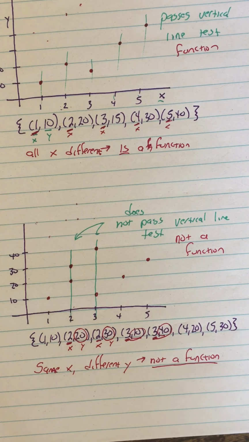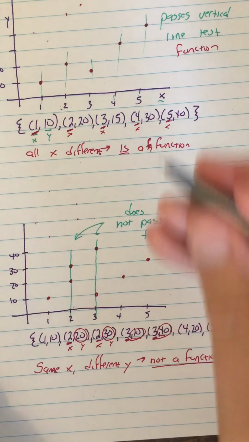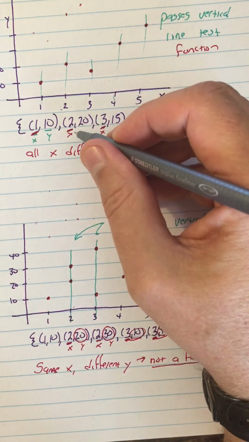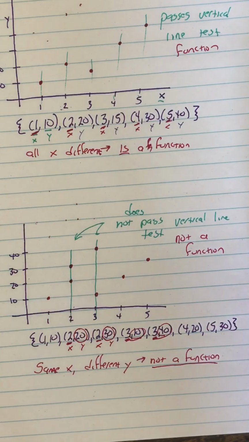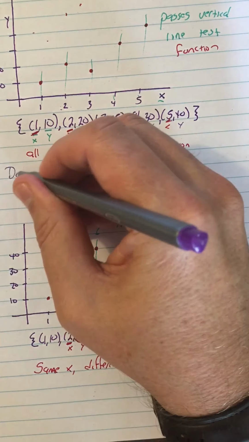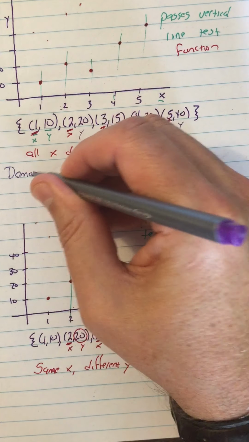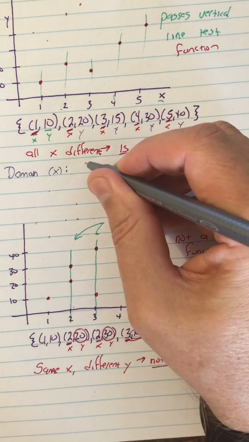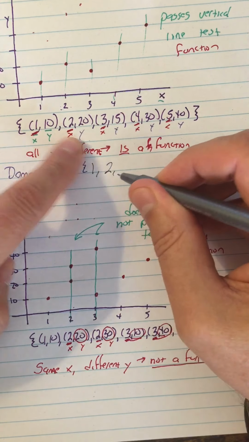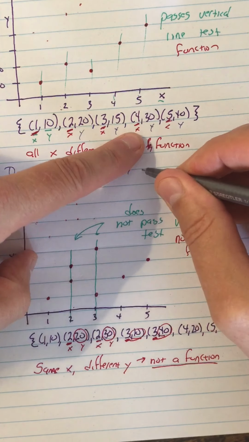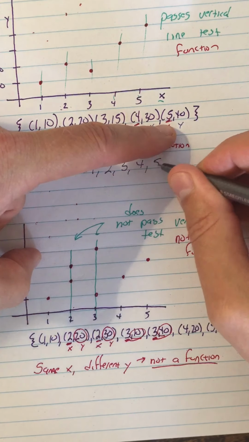Okay, one more thing that we can do with this is domain and range. So remember every point has an x and a y. The domain is all the x's. So that's 1, 2, 3, 4, and 5.